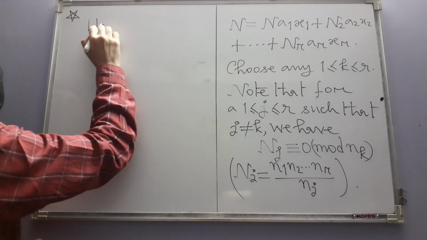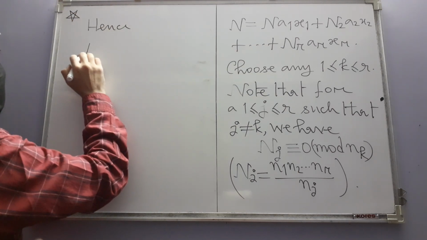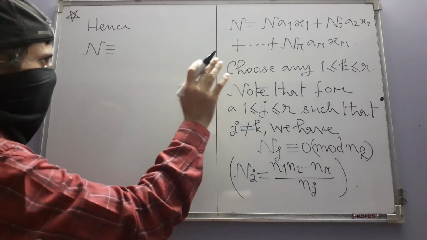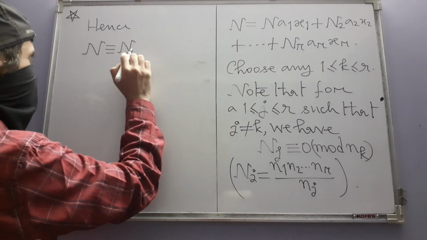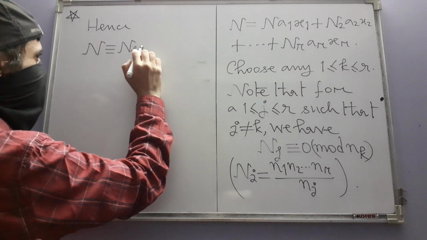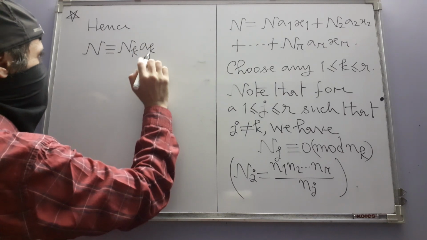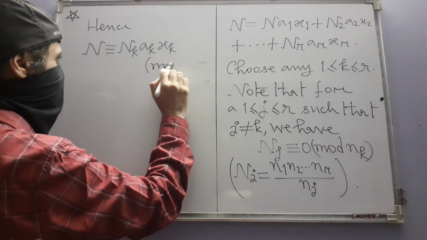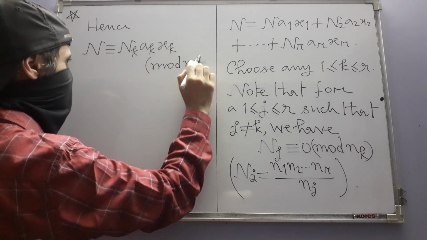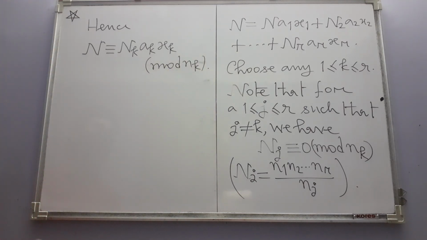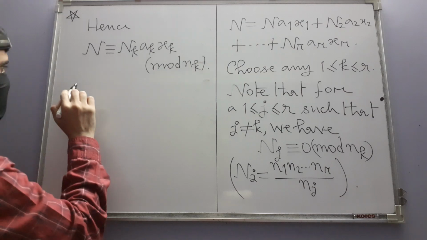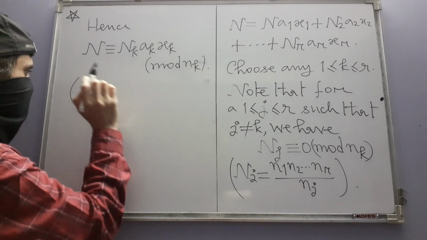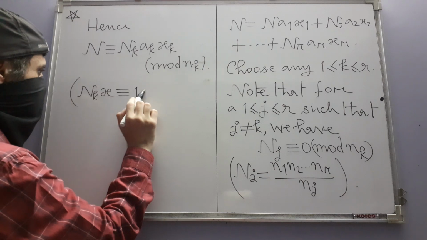Hence, N is congruent to everything vanishes except Nk ak xk mod small nk. However, now you recall this congruence.